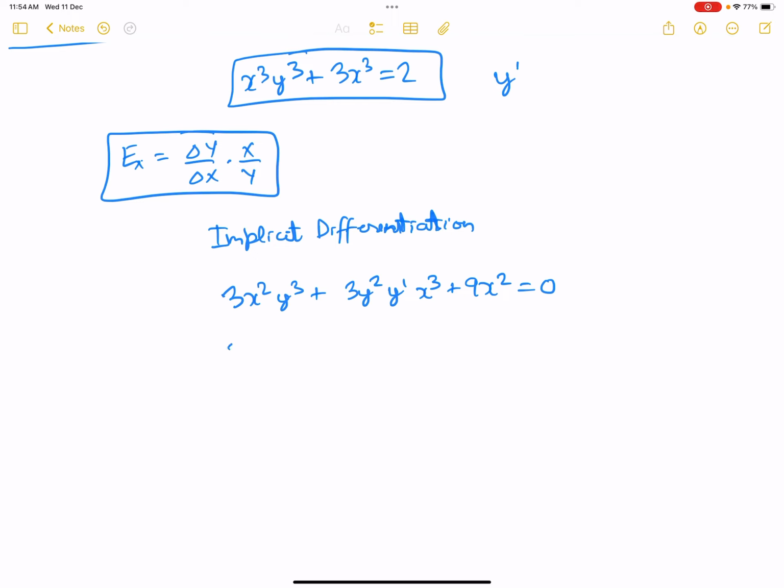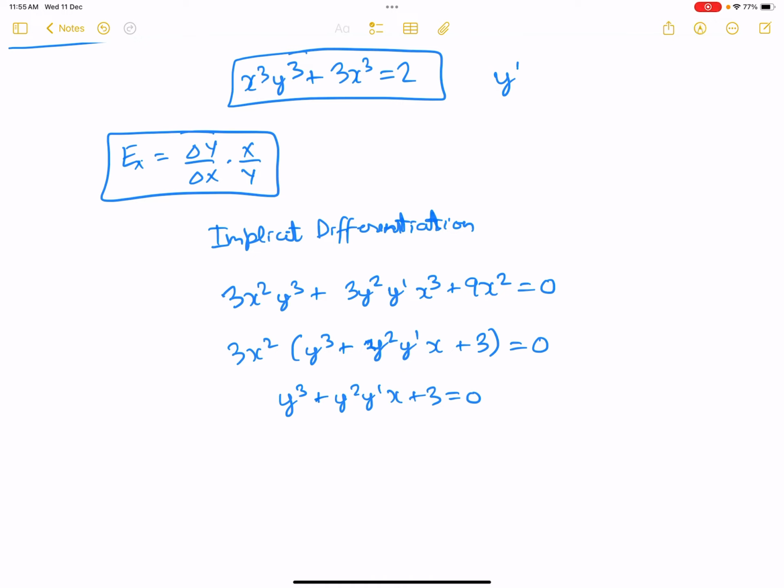So we can take 3x square common. This would be y cube plus y square y dash x plus 3. This should be 0, right? So we are left with this equation, y cube plus y square y dash x plus 3 equals 0.